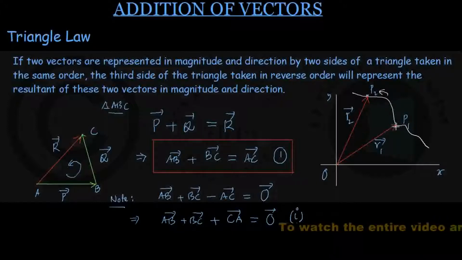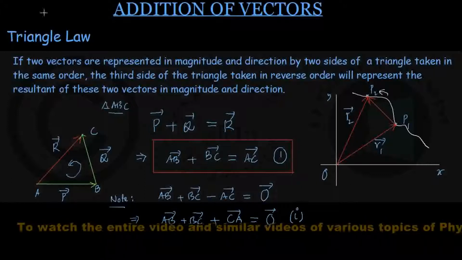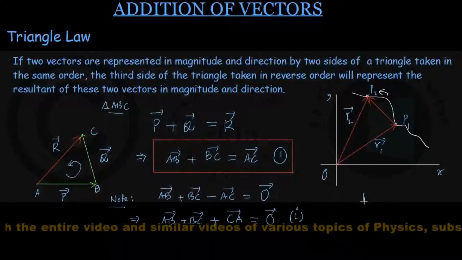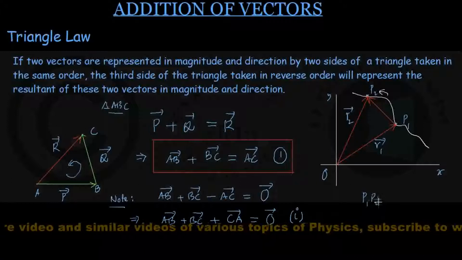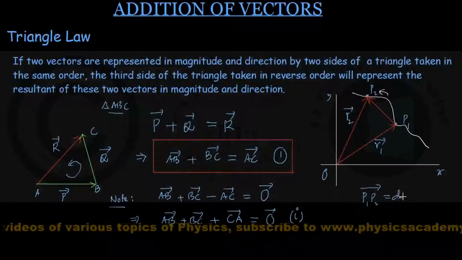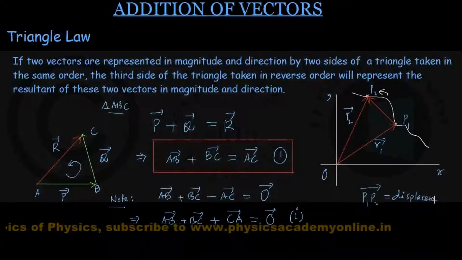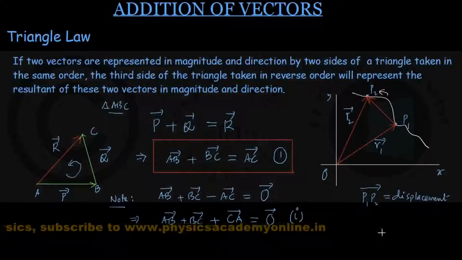You have to just join the initial and final positions by a straight line and put an arrowhead there. So you see, in my figure, P1, P2, this is a straight line, the red arrow, that represents displacement. The displacement vector, right?